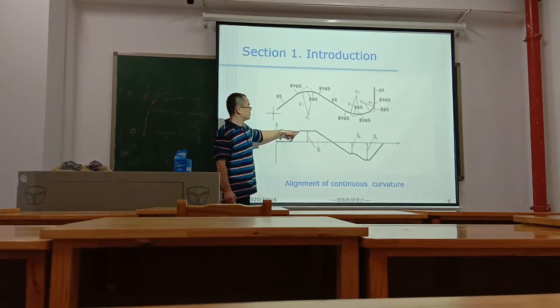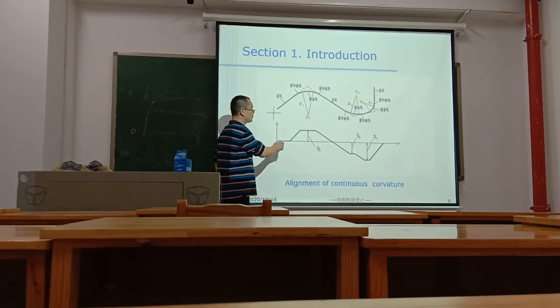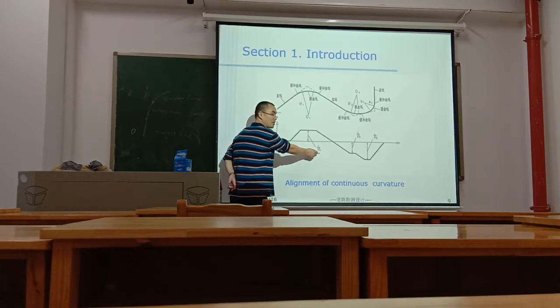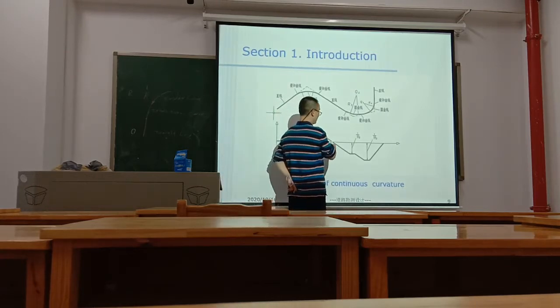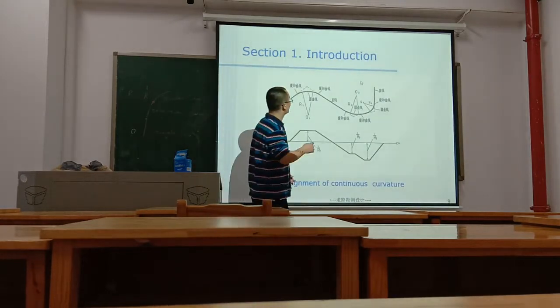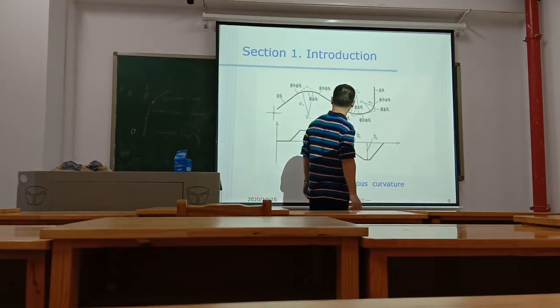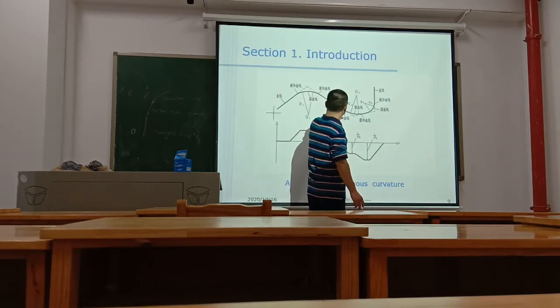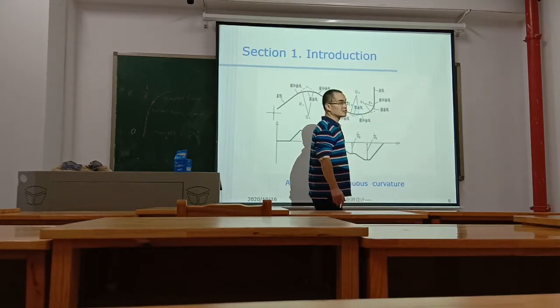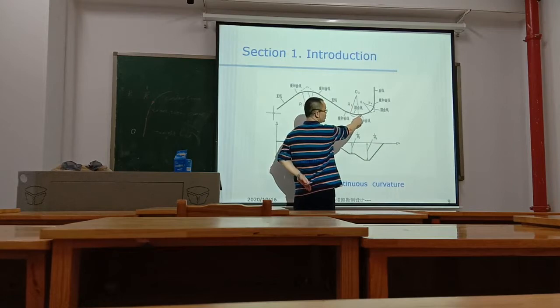The coverage of the transition curve changes from 0 to 1 divided by R1. So this is the transition curve.